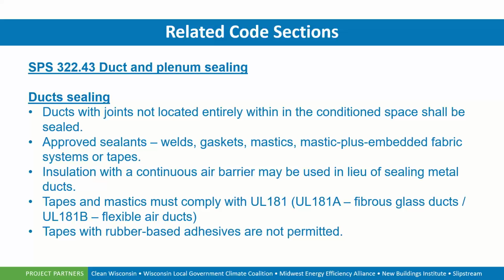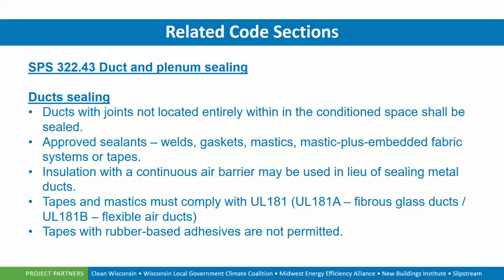Again, if ducts are located outside of the conditioned space, by code the ducts would have to be sealed. Best practice is to seal all ducts, joints, unions and takeoffs, whatever the case may be, with an approved sealant, whether it's a chemical weld, a gasket, a mastic embedded fabric, or tapes. We need to make sure that those tapes and mastics comply with UL 181.